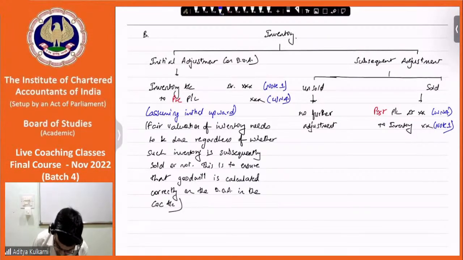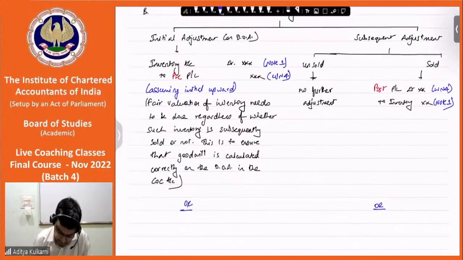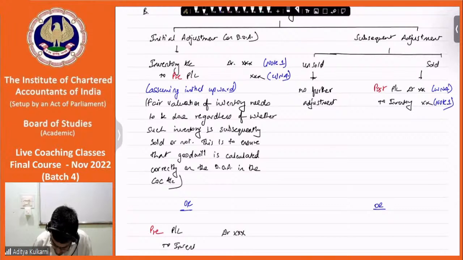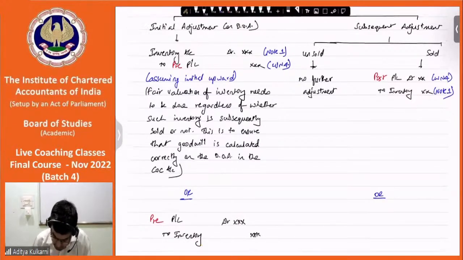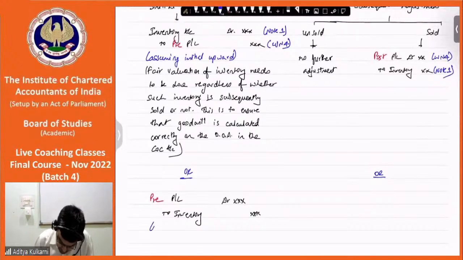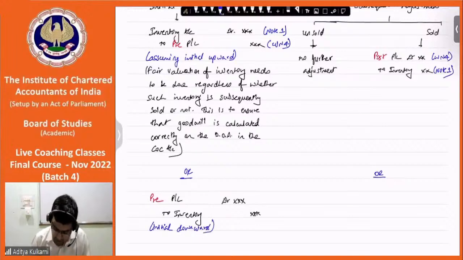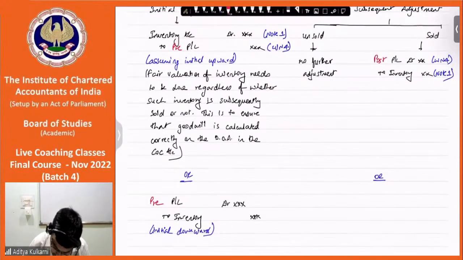Acha, what if there is a downward revaluation? It is going to be exactly opposite. Okay. Pre-P&L account debit to inventory, initial downward. And what will be the adjustment?